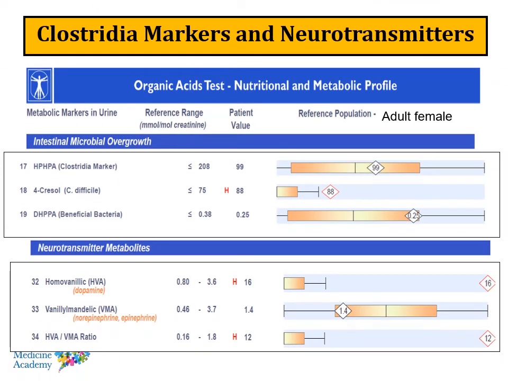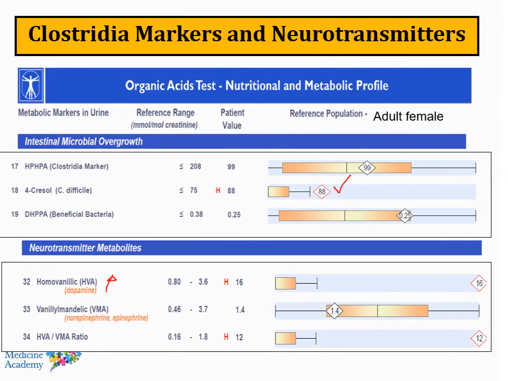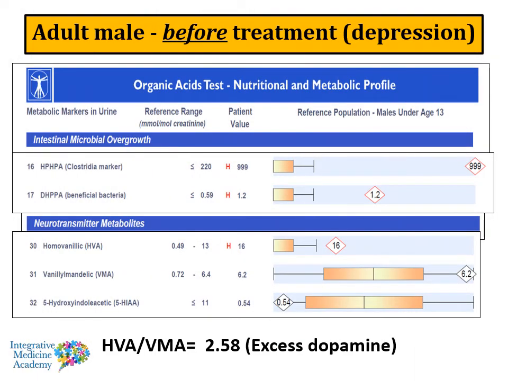So here we have a situation of 4-cresol coming from Clostridia bacteria, inhibiting that dopamine beta hydroxylase enzyme, causing dopamine levels to be elevated. And we already know that elevated dopamine over time can be a contributive problem to neurological issues. Same thing with HPA.